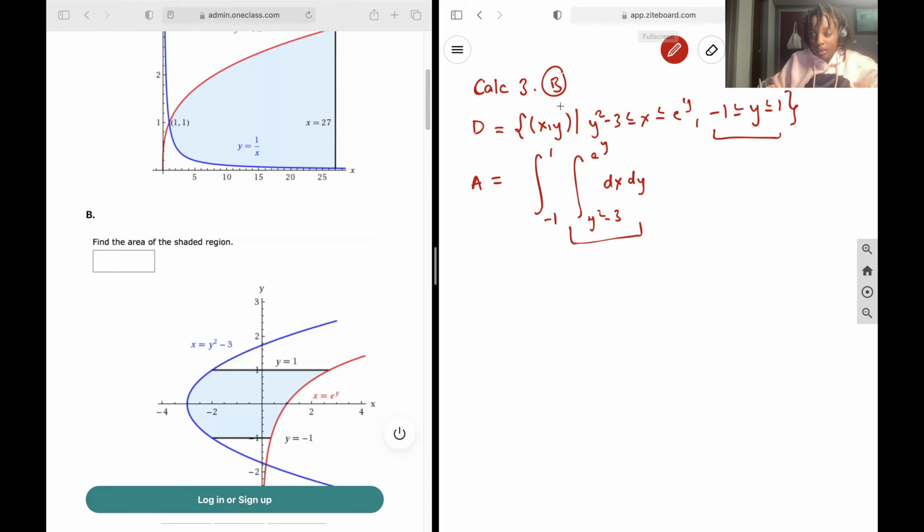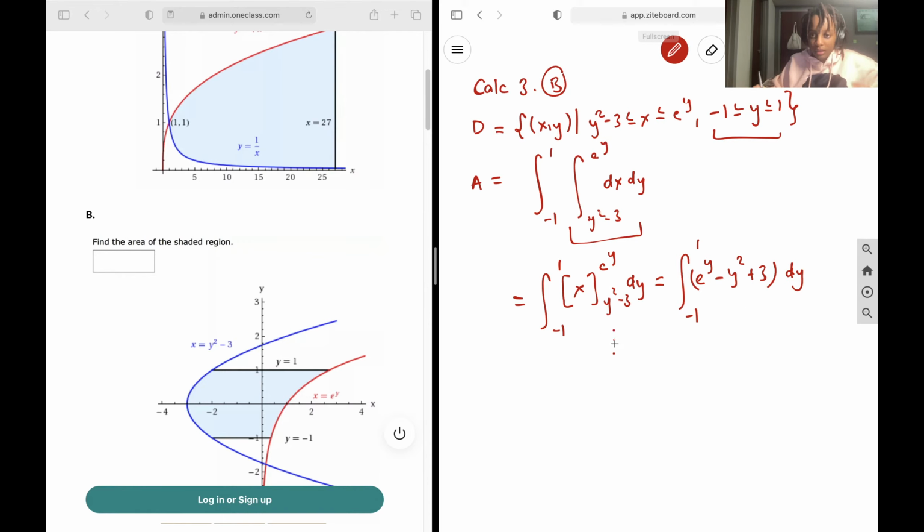If we do this part, we're going to get exactly what we got as the first calculation for the calculus 1 method, and that's going to be -1 to 1. We get x, y squared minus 3 dy, and this is going to get -1 to 1 of e to the y minus y squared plus 3, which is exactly what we got last time, dy.